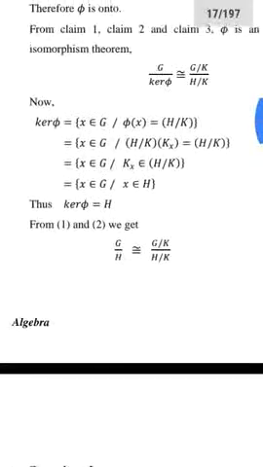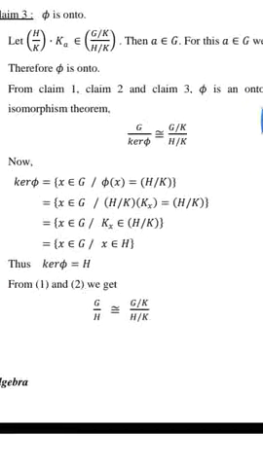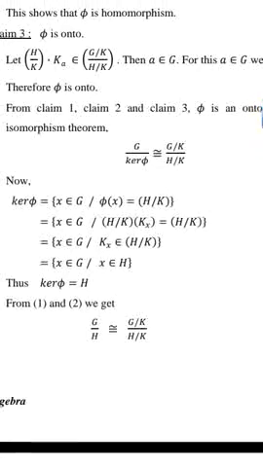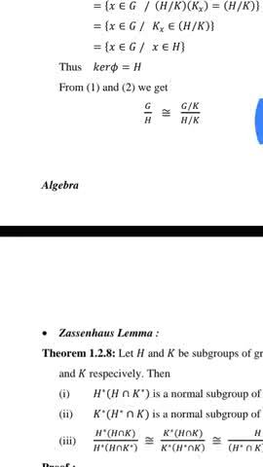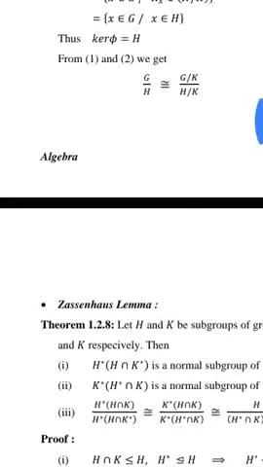Therefore kernel phi is equal to H. Replacing in G/kernel phi isomorphic to (G/K)/(H/K), therefore G/H is isomorphic to (G/K)/(H/K).